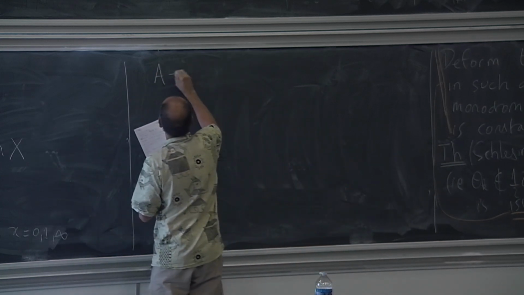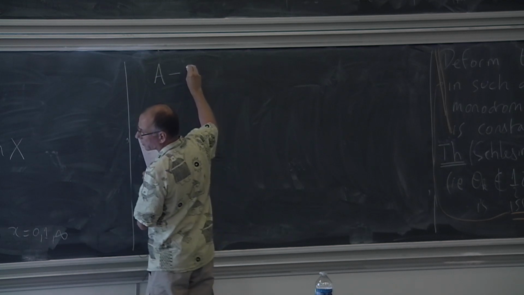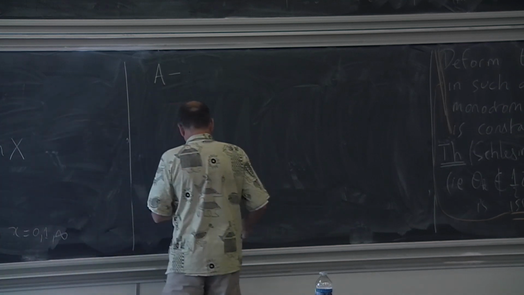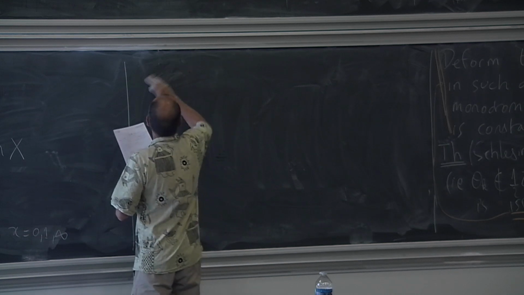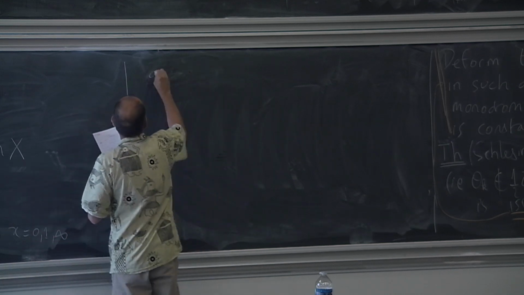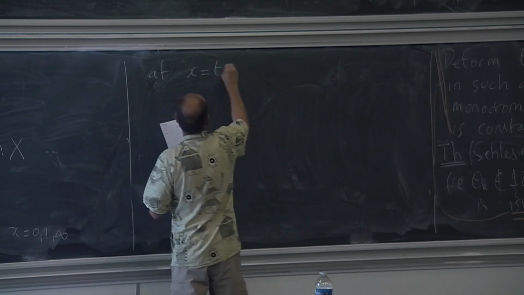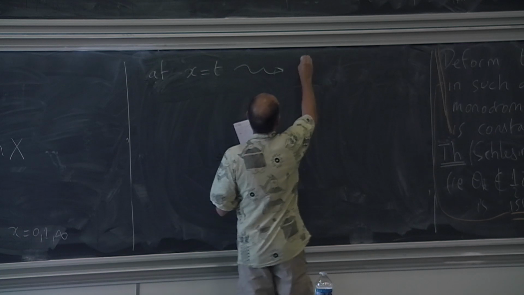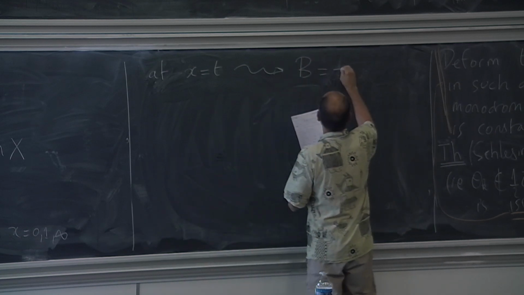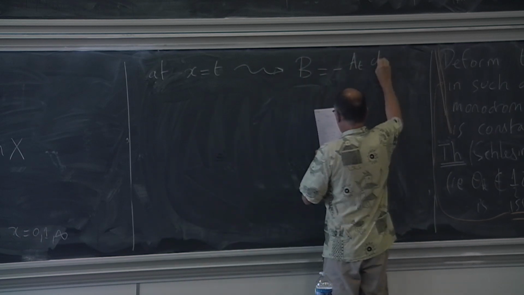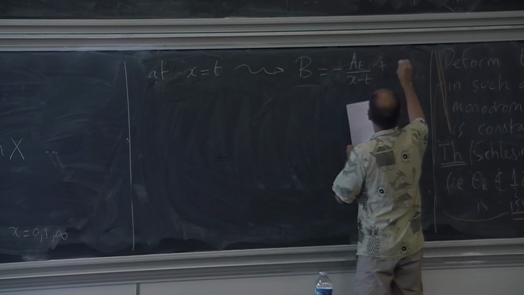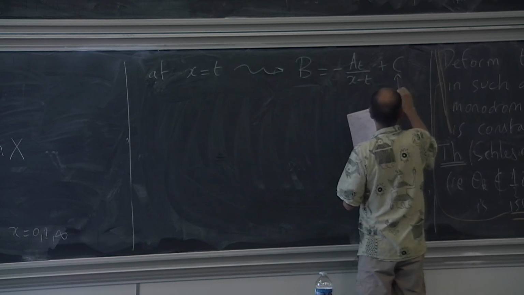I am lost in my computation again. So at x equal t, after some computation, you find that B equals minus A_t over x minus t plus C, with C holomorphic.